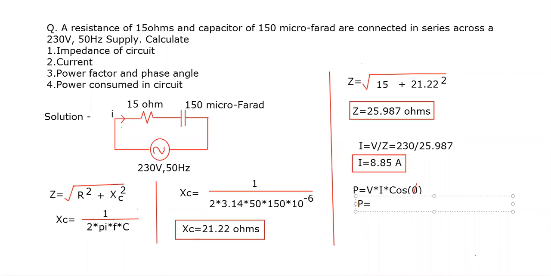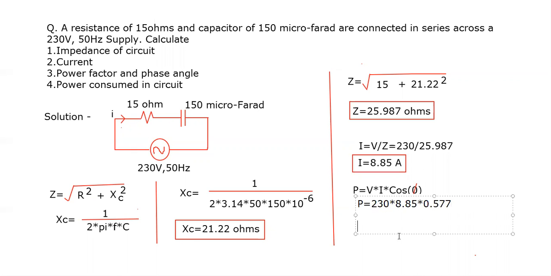So P is equal to, we know the value of V, 230, we know the value of I, 8.85, we know the value of power factor, 0.577.